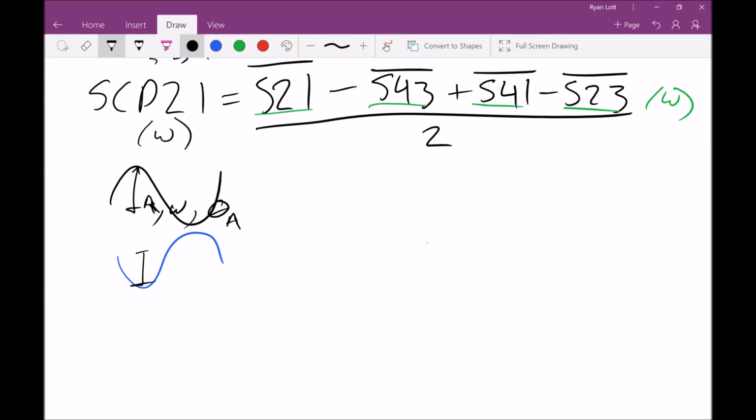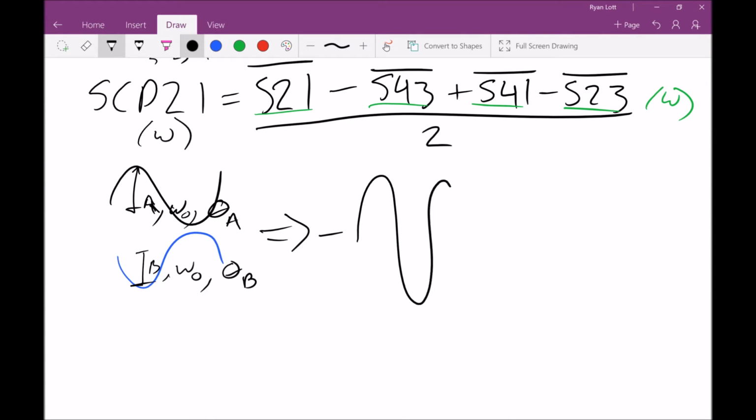And we'll say that he has a magnitude B, the same omega, I guess we'll call it omega naught, and his own phase. And if we were to subtract these, we would get a really nice big sine wave, twice the amplitude. And if we were to add them, we would get nothing.